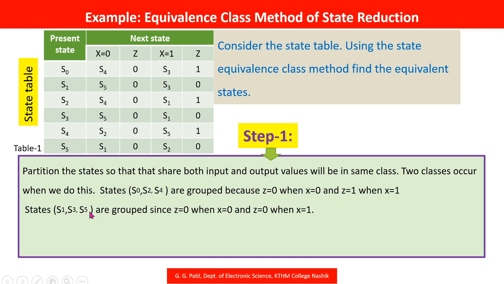So two groups are formed in this state table. One contains states S0, S2, S4, and the second group contains the states S1, S3 and S5.